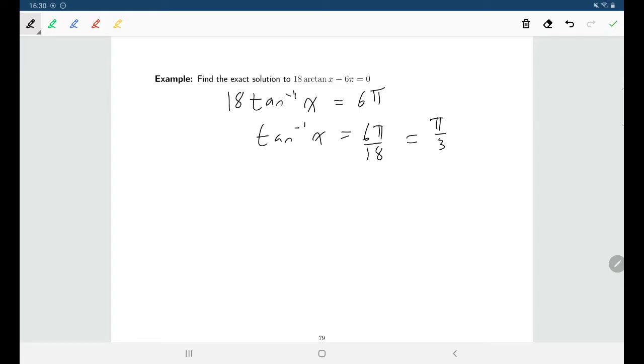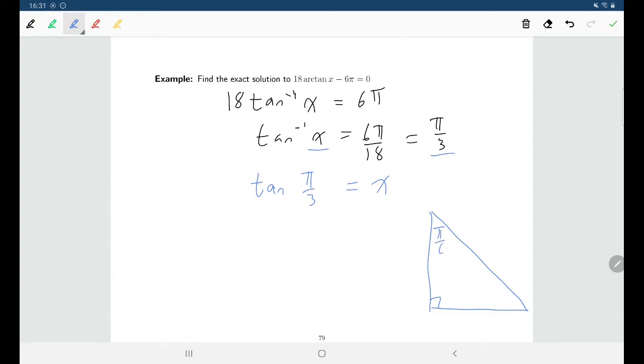So we can rewrite this as a tangent function now, switching the inputs and the outputs. So now pi over 3 would be the input and x would be the output. And so the only thing that we would need to do now is figure out what x is, and for that we would need to evaluate tangent of pi over 3. And that's something where we have a special triangle to do that for us.